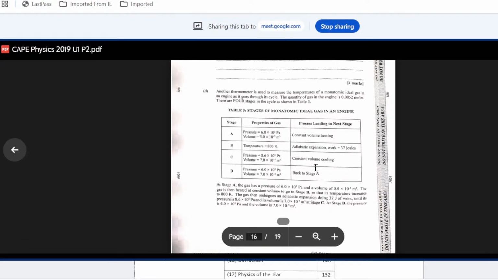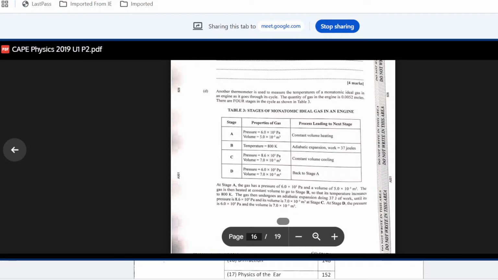What about stage B, the adiabatic expansion? We don't know where stage A is in terms of the pressure, we don't know what the maximum pressure it went to was.